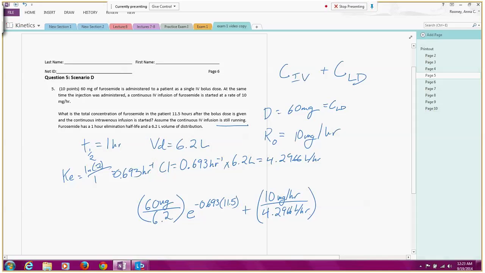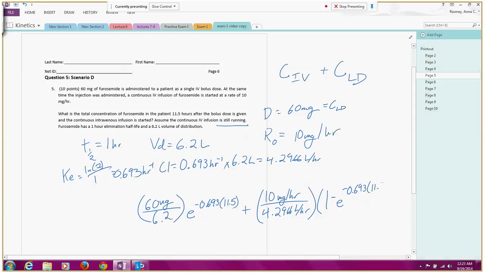How many half-lives have happened here, guys? Just throwing it out there. There have been way more than 5, so we're probably really close to our concentration steady state, and we don't really necessarily need to do this whole entire equation, but I like doing it anyway.